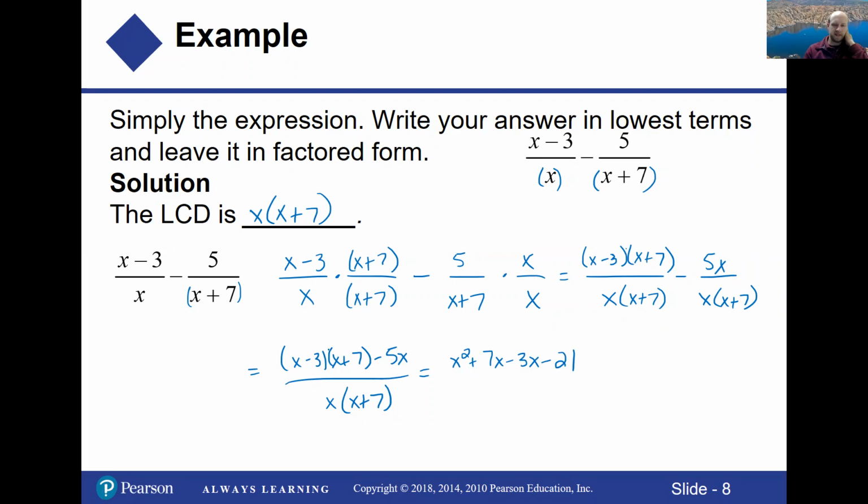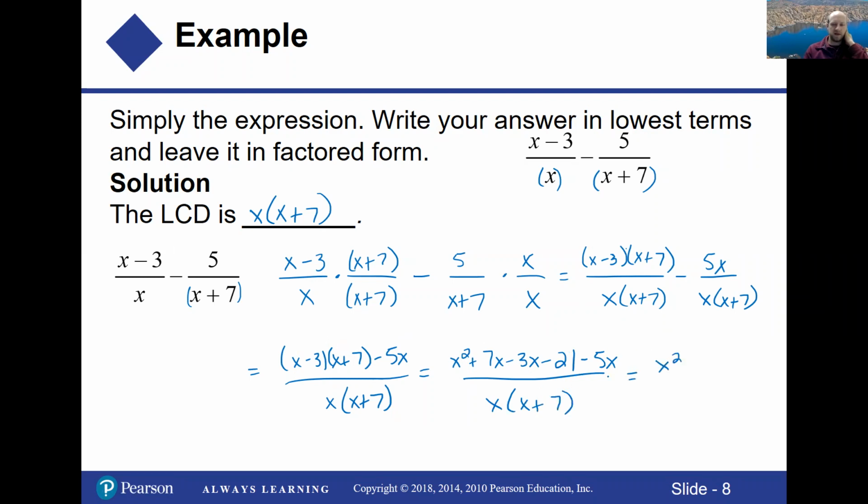Right? So I do x times x is x squared, x times 7 is 7x, negative 3 times x is negative 3x, negative 3 times 7 is negative 21. And then I have the minus 5x at the end, all over x times (x plus 7). Let's simplify the numerator.